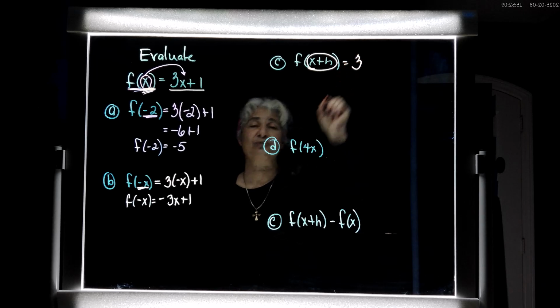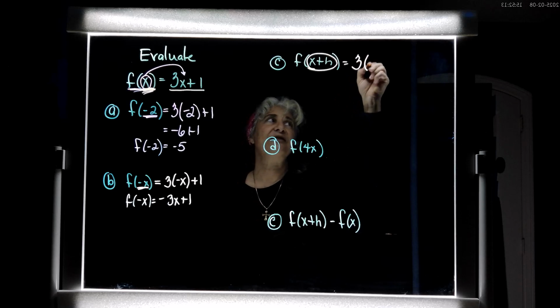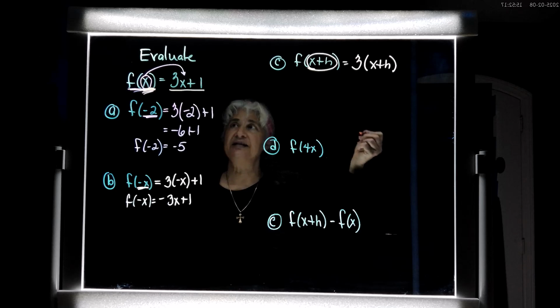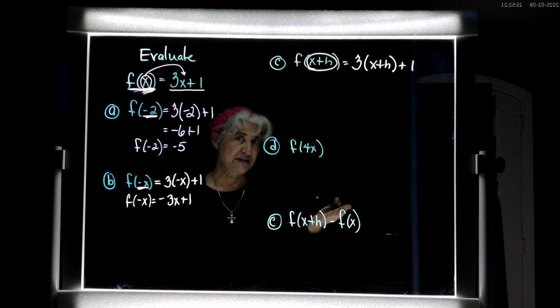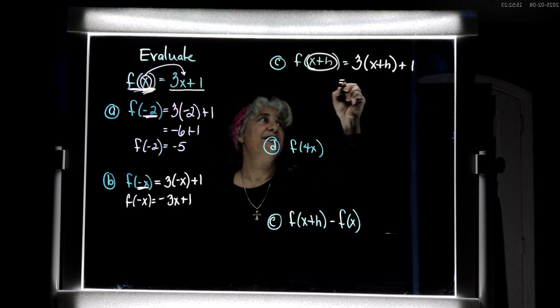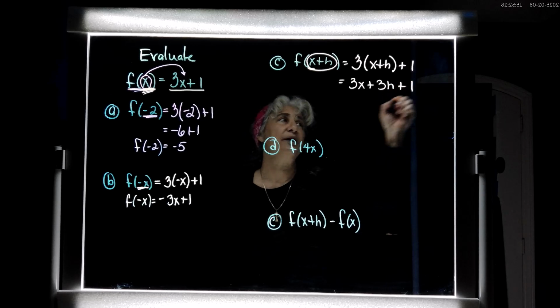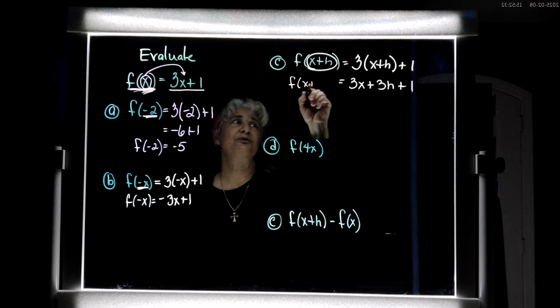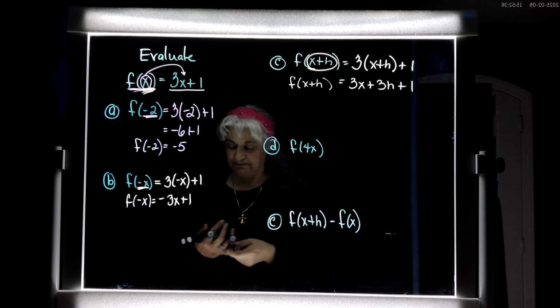So instead of saying 3x, I am going to put in parentheses, that's right, because it's treated as a single unit, x plus h, and then plus 1. And now simplify, right? That gives you 3x plus 3h plus 1. And not a whole lot more I can do there, right? I can't really do a whole lot of simplifying. Does that make sense? Good.